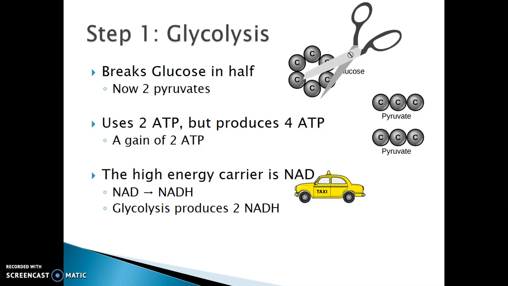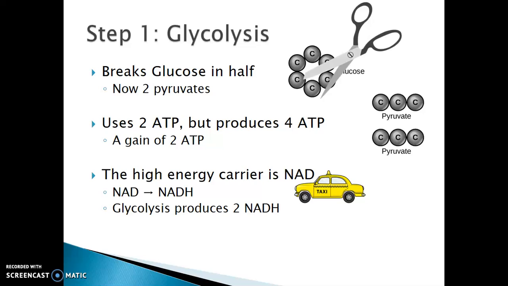Now, to break that glucose, you're going to have to use 2 ATP. You're going to have to use 2 of those batteries. But you're going to make 4 ATP. So you have a net gain of 2 ATP. This is sort of that idea that you've got to spend money to make money. You've got to use a little ATP before you can make a lot of ATP.